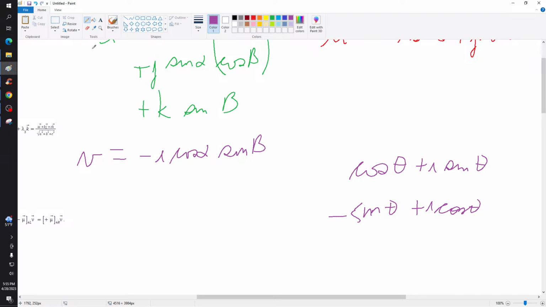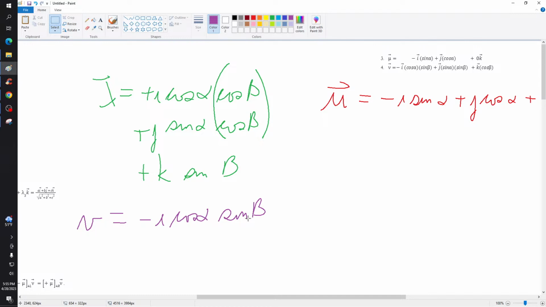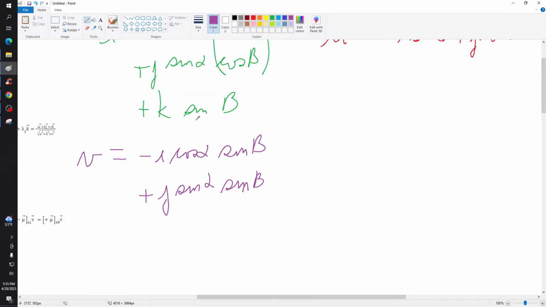That's a 90-degree rotation. That's the same thing as multiplying by i, and that's what's happening here. Instead of multiplying by cosine, we're multiplying by negative sine. And then you get plus j sine alpha, which is the same as up here, times positive sine beta. That stays. And then our last coordinate isn't sine, but now cosine, plus k cosine beta.